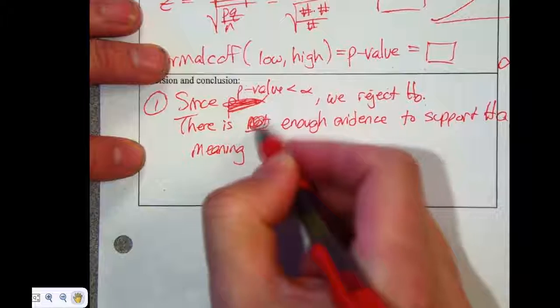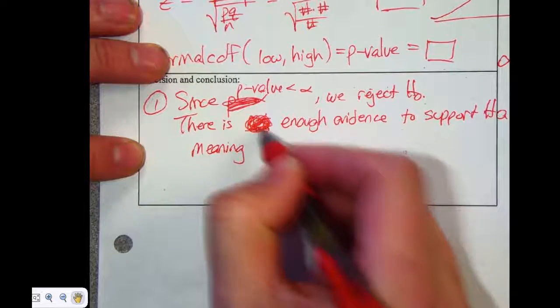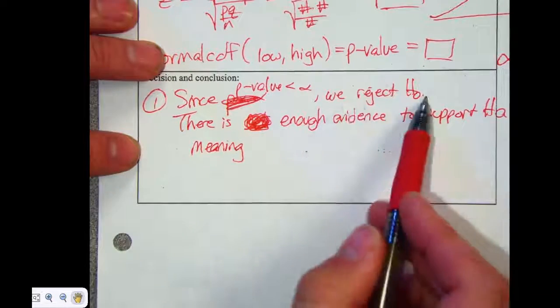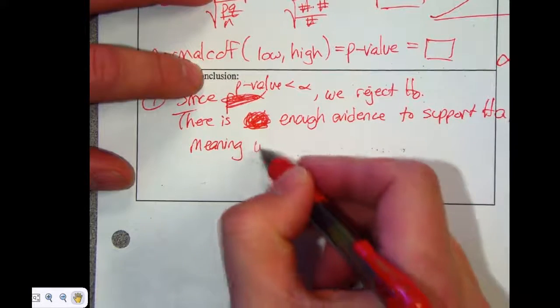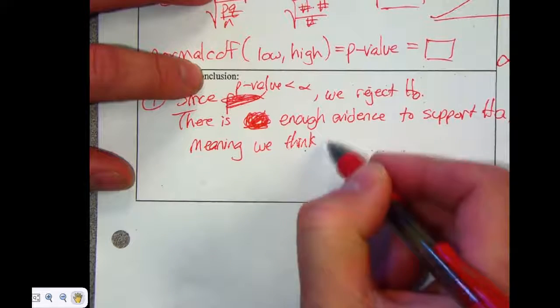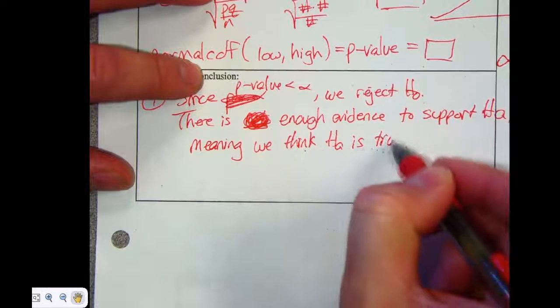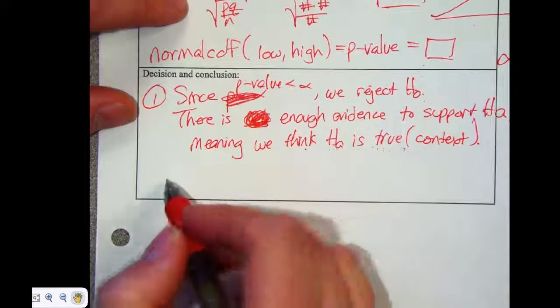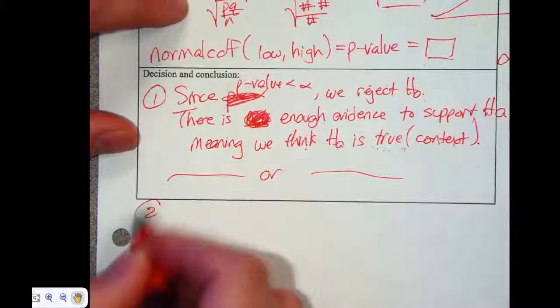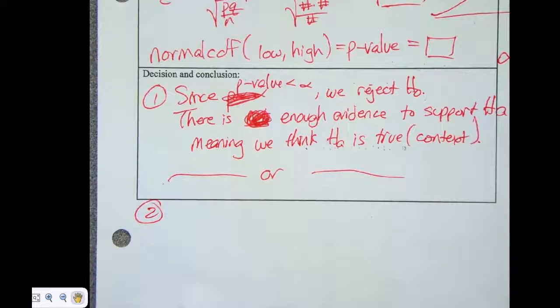Oh crap, yeah, there is enough evidence to support HA. Thank you. Sorry. Since P value is less than alpha, we reject H naught. If we're rejecting H naught, there is enough evidence to support HA, meaning we think HA is true, but put in context. You can't ever say H naught is true. You say you reject or fail to reject. So that'd be one version of the wording.